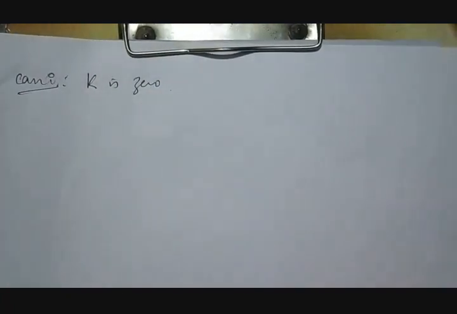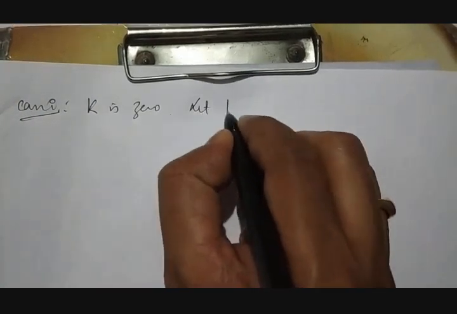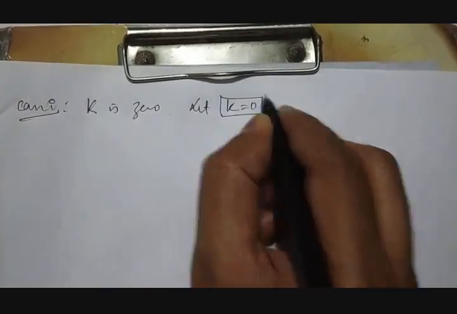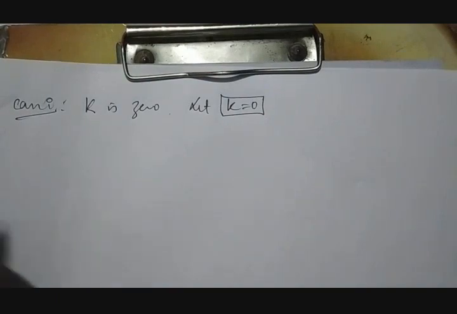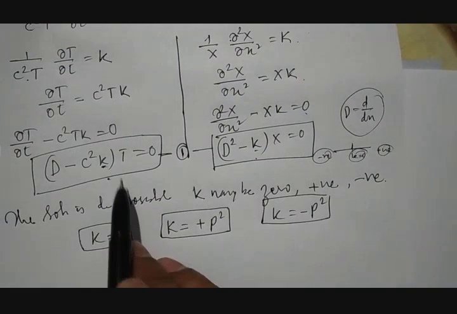First we move with case number 1. What is case number 1? Let k be 0. Let us substitute k equal to 0 in equation number 1.